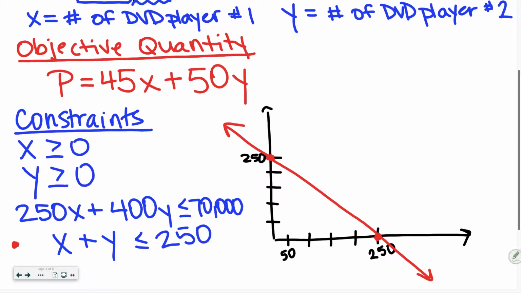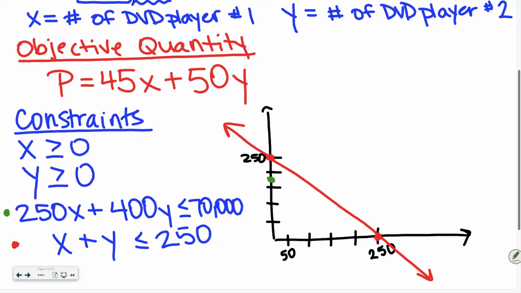Okay, in green, I'll make it all Christmassy up here. Okay, and this is where your calculator is going to probably have to help you, right? If I plug a 0 in for x, I have 400y equals 70,000. If we divide 70,000 by 400, what would our y-intercept be? 175. Wait.